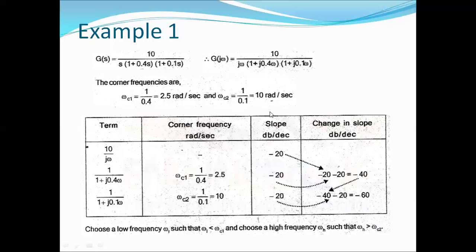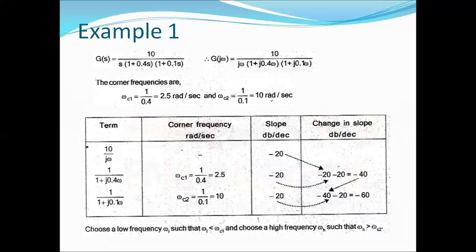And the final frequency should be above the last corner frequency, which is 10. You can multiply this 10 by 10, the next decade, so we get 100. 100 may be the highest frequency. So the corner frequency is 2.5, a lesser value below it may be 0.25, the next is 10, and the final frequency you can take as 100.